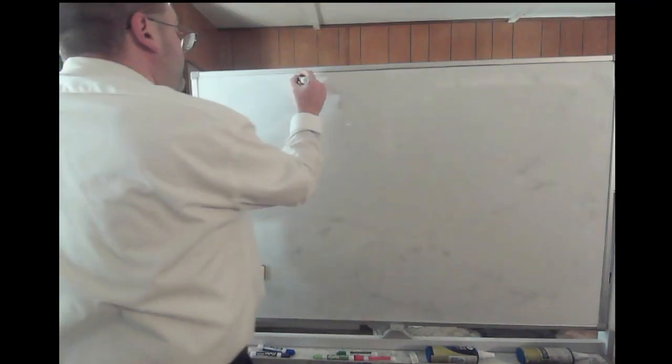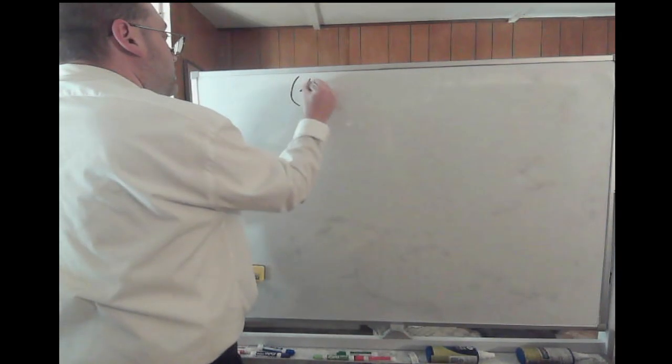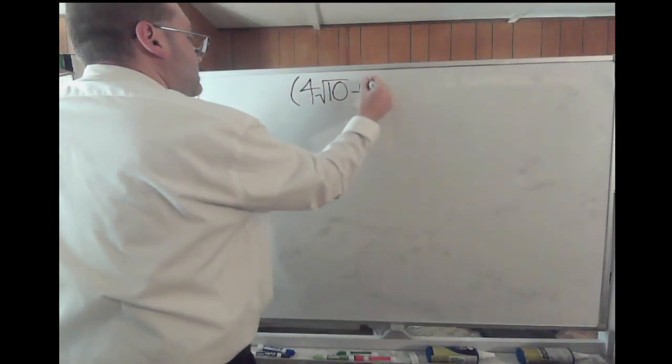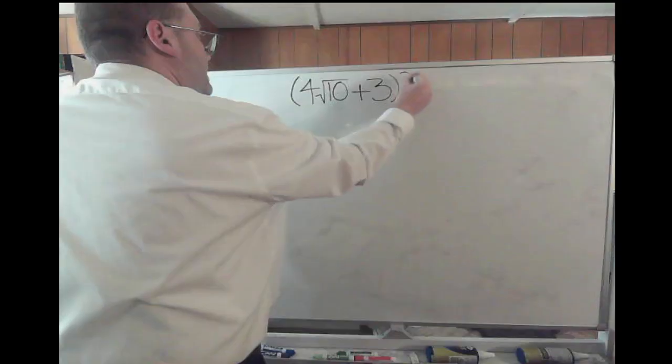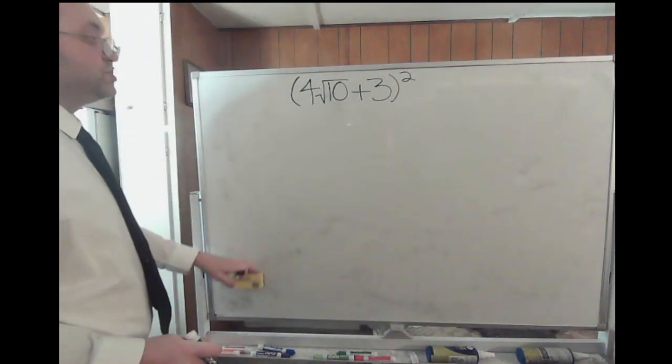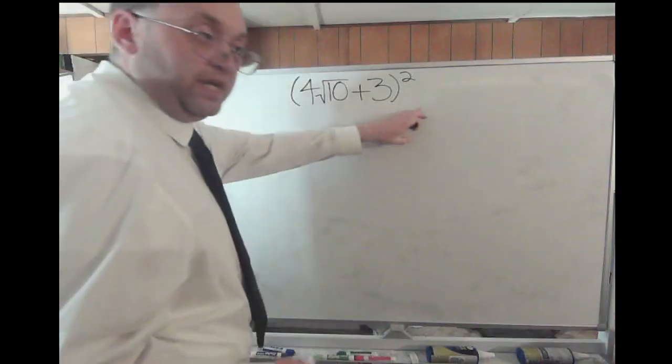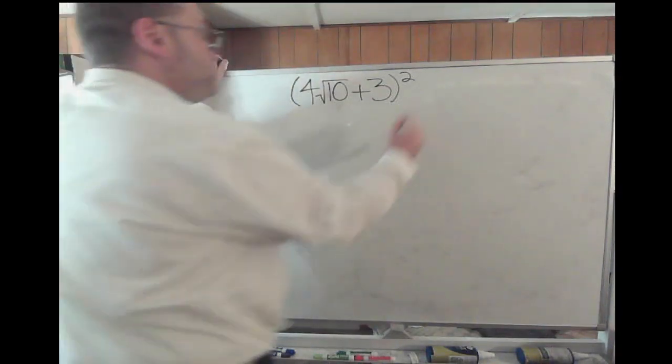Alright, last one like this. We have 4 times the square root of 10 plus 3 raised to the second power. So we got the quantity of 4 times the square root of 10 plus 3 raised to the second power.